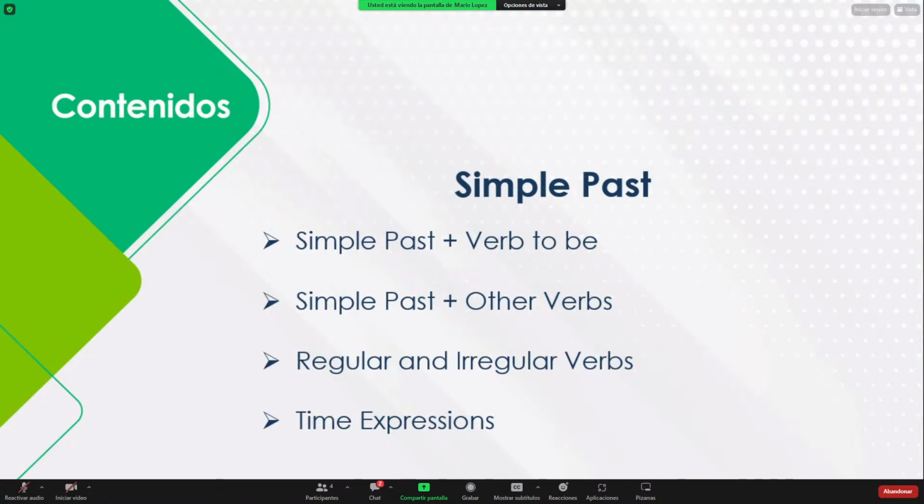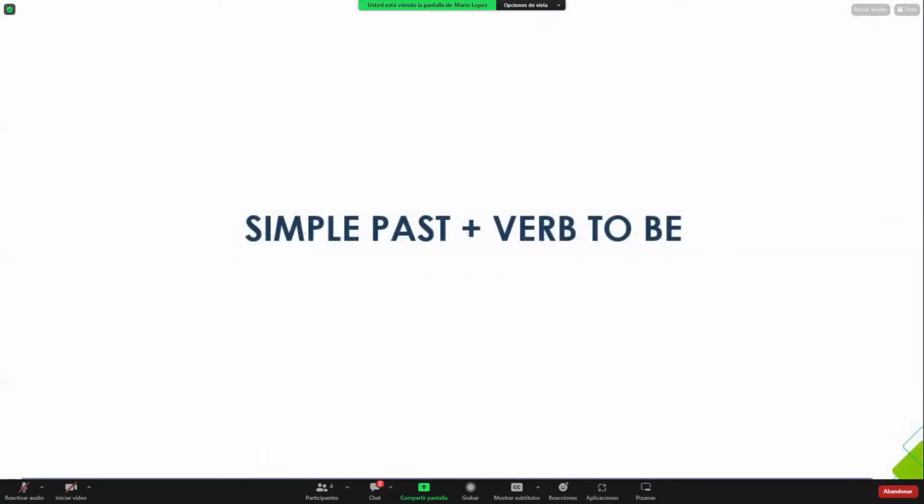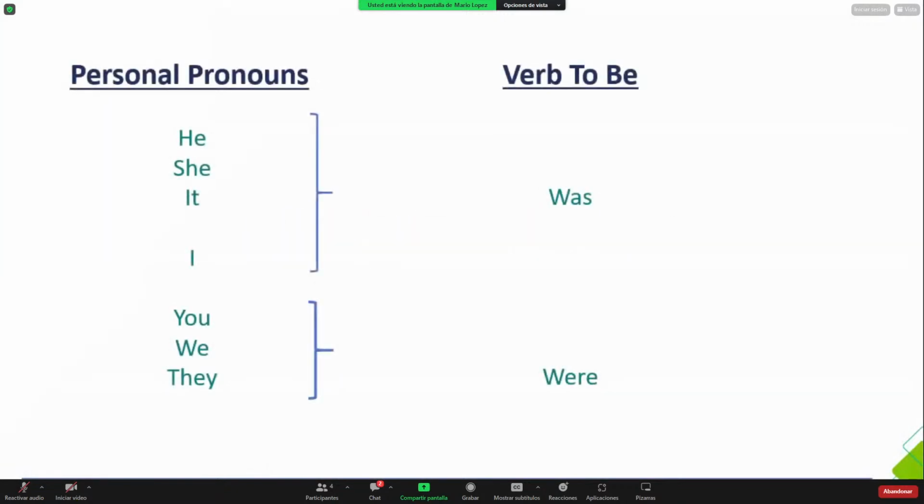Vamos a ver el pasado simple con el verbo to be, el pasado simple con otros verbos, cuáles son los verbos regulares y cuáles son los verbos irregulares, y algunas expresiones de tiempo que podemos utilizar con el pasado. The first part is simple past plus verb to be.